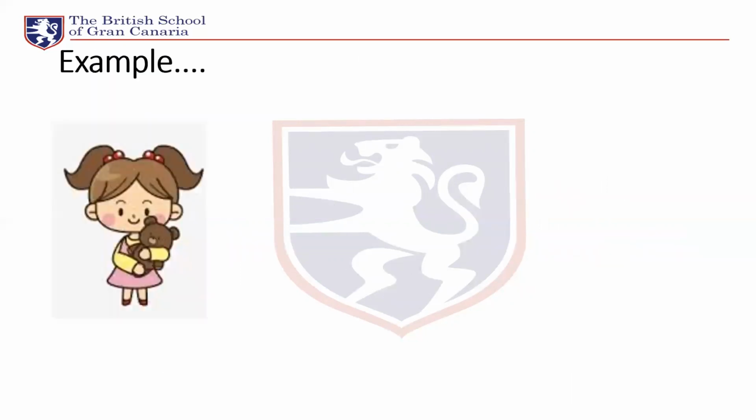So I've got an example for you. This is your intelligent little sister. Now, your intelligent little sister simply won't accept a simple answer. She always wants to know why, and she always wants to know more.